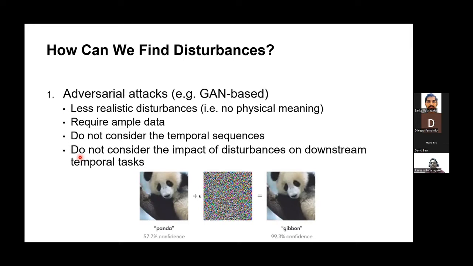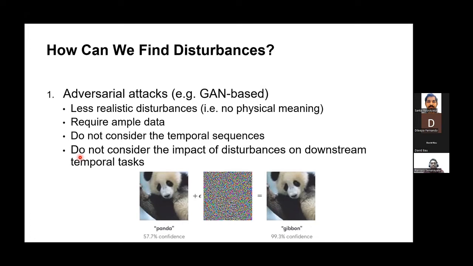So they must be realistic. Whatever adversarial attack we find, it should be realistic. But it's generally difficult to do with many adversarial attack algorithms. Even if we can do it, we need a lot of data. For instance, in rare events, it's difficult to find a lot of data.